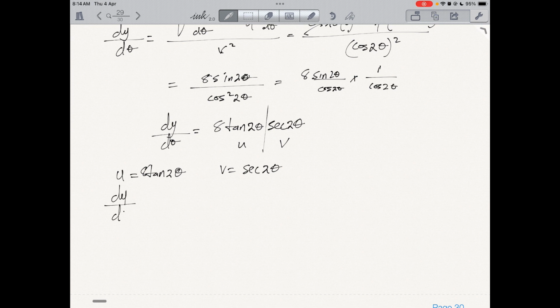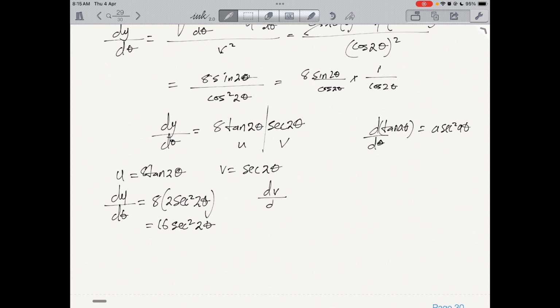Then our du/dθ is going to give us 8 into 2 sec² 2θ, because when we differentiate tan 2θ, we have 2 sec² 2θ. Differentiation of tan aθ or tan ax is equal to a sec² aθ. And this will give us 16 sec² 2θ. And thereafter, let's evaluate the dv/dθ.